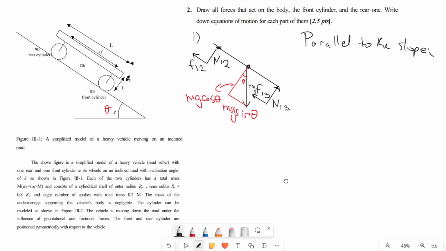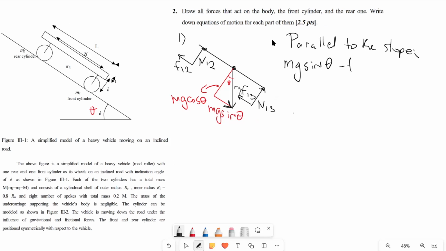We can say that the parallel component of the weight, which is mg sine of the angle, minus the two frictional components, minus F12, then take away F13, will be equal to the total mass multiplied by the parallel acceleration.